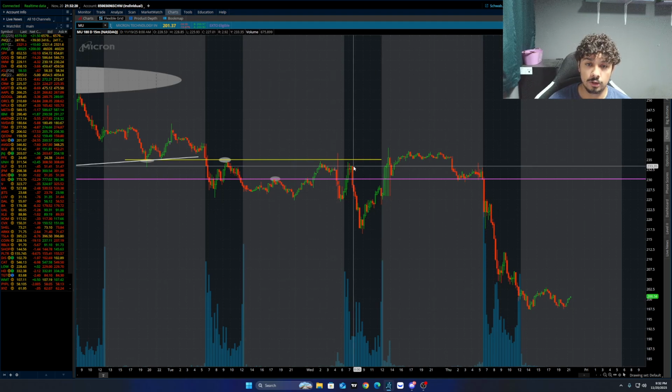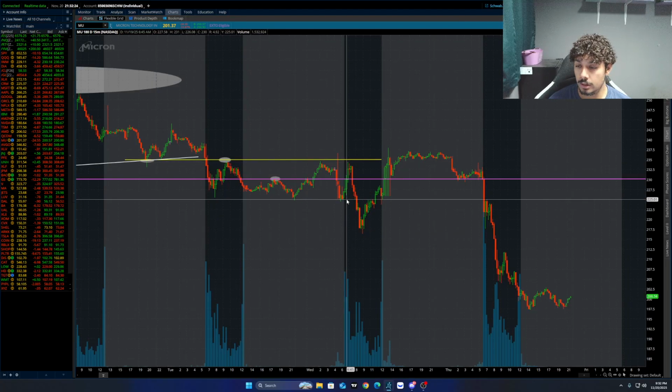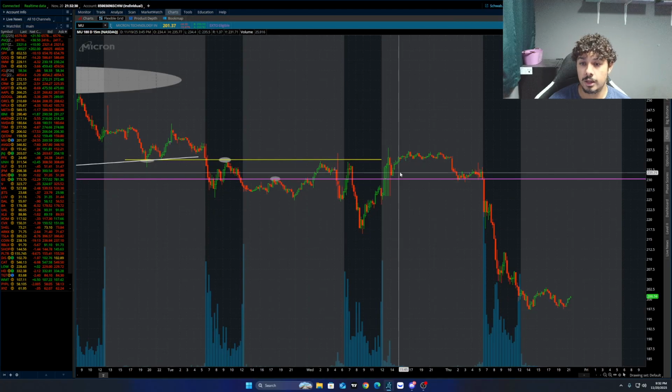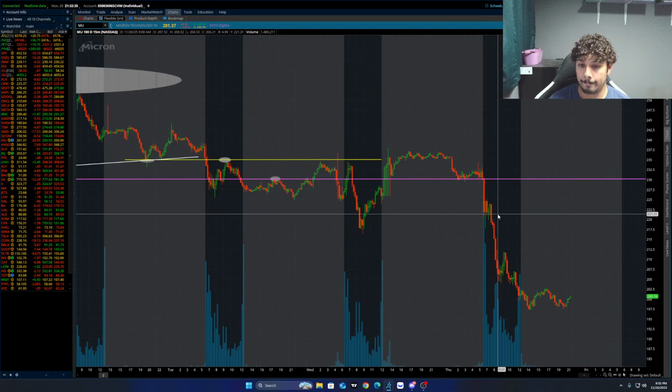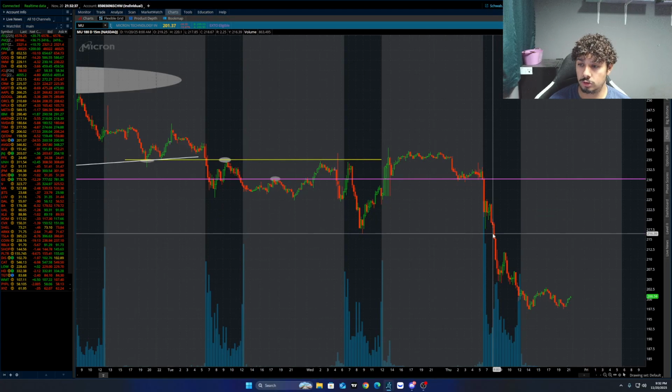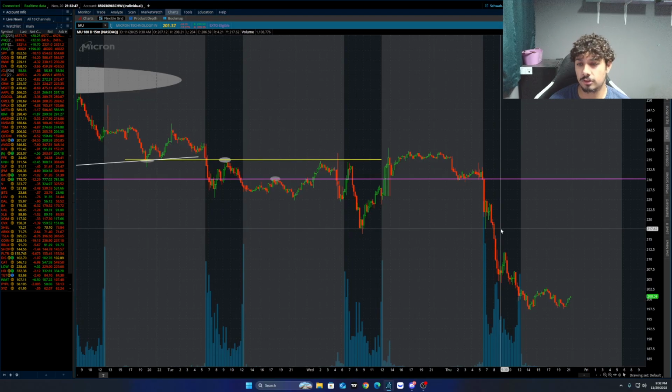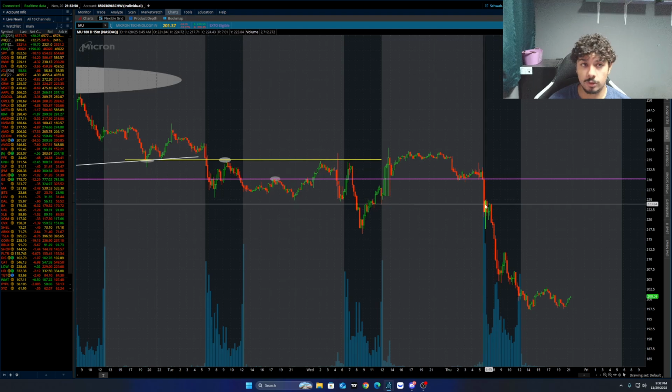You take from 234 to 225. That is a $9 move. Again, another perfect trade. 230 to 216, a $14 move. In total, you caught almost $25 or 26. You caught about $26 worth of stock.